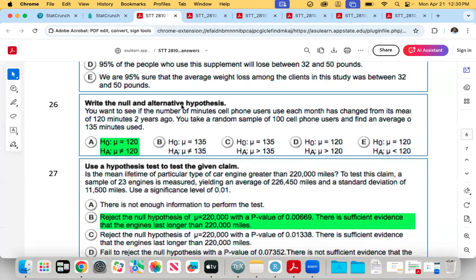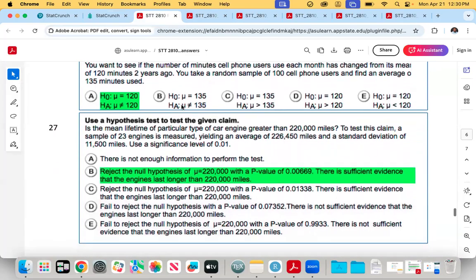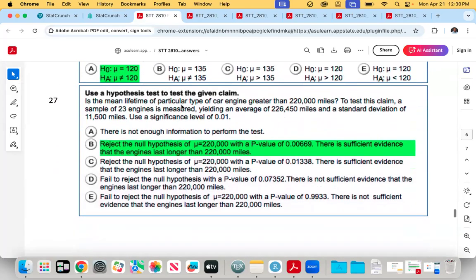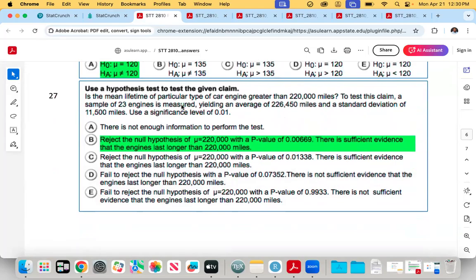Now let's proceed to 27. It says to use a hypothesis test to test the given claim. Is the mean lifetime of a particular type of car engine greater than 220,000 miles?